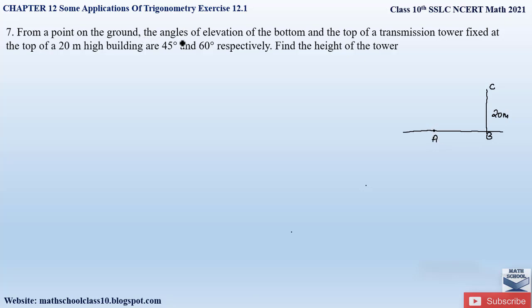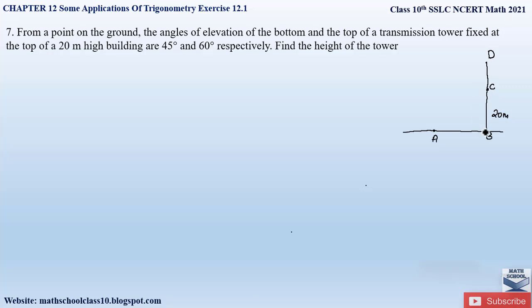From this point we have the angle of elevation of the bottom and top of the transmission tower, which is fixed at the top of the 20-meter high building. Let us name this tower as CD.